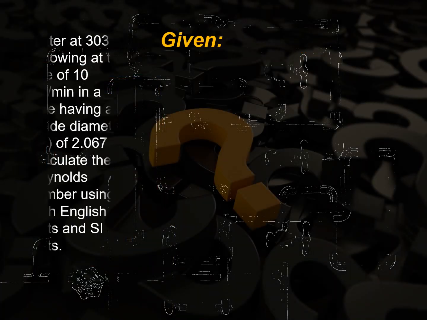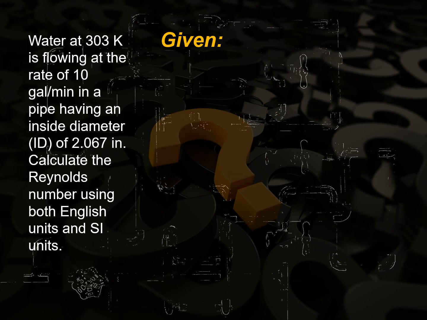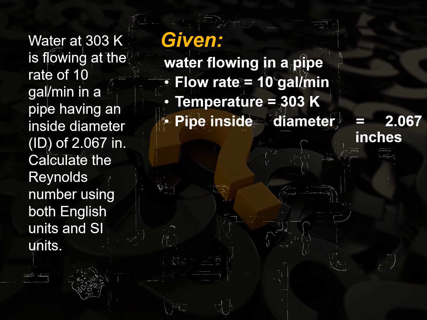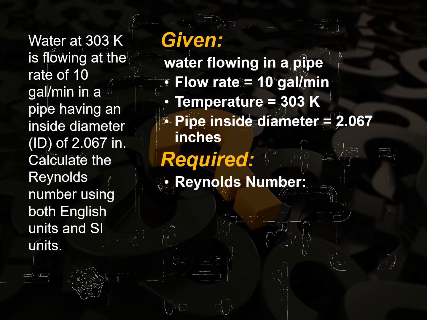The situation in the problem is water flowing in a pipe, and the values given are 10 gallons per minute flow rate, 303 Kelvin temperature, and 2.067 inches pipe inside diameter. The problem requires us to solve the Reynolds number in English and SI units.